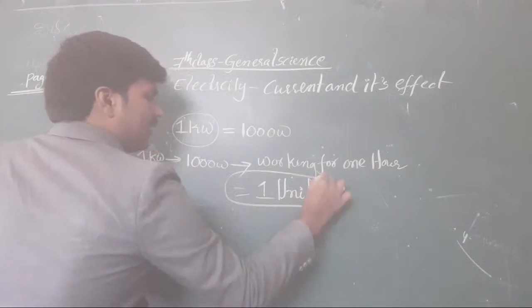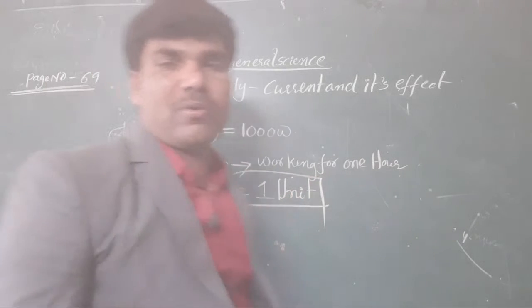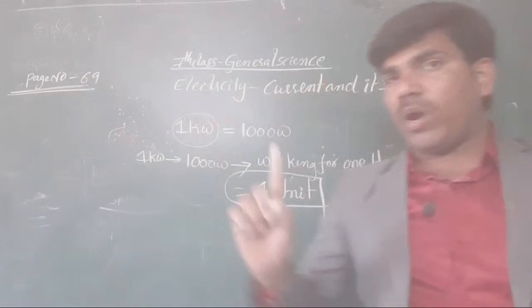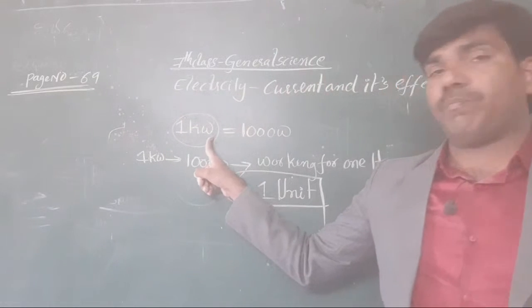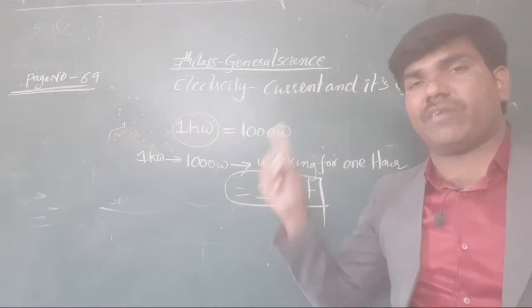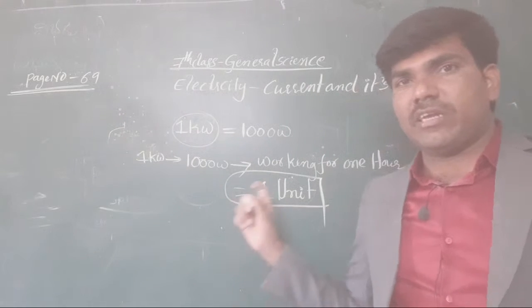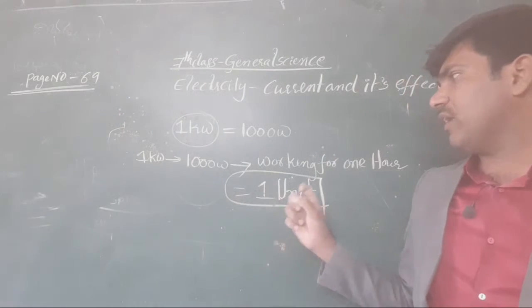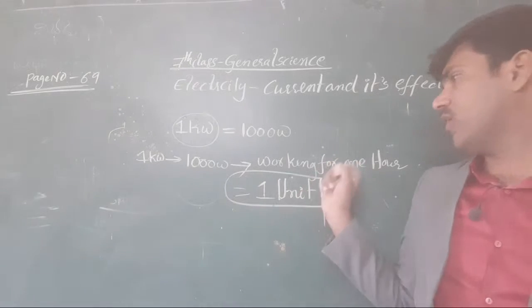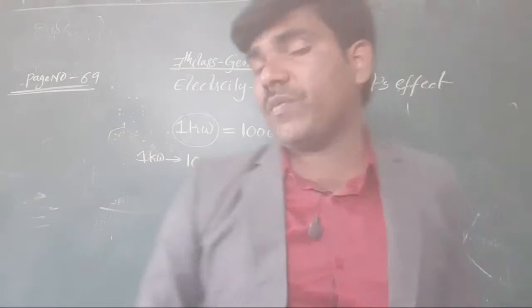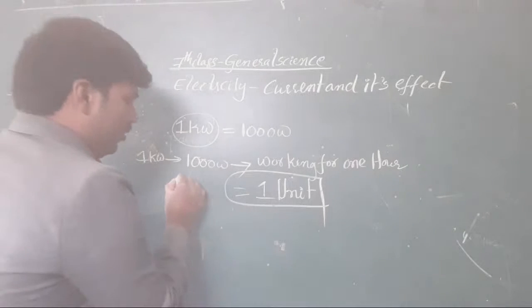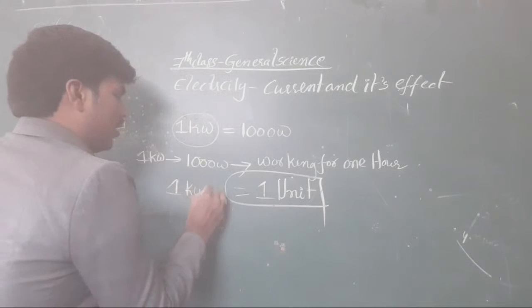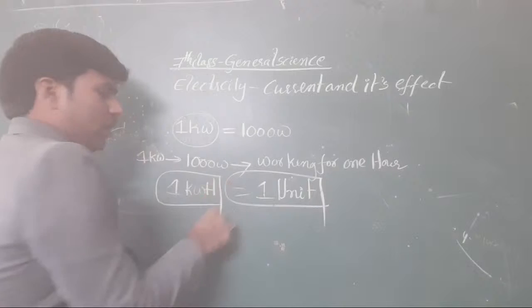We measure our electrical power in this way only. 1 kilowatt of power working for 1 hour is called 1 kilowatt hour. That 1 kilowatt hour is only called 1 unit.